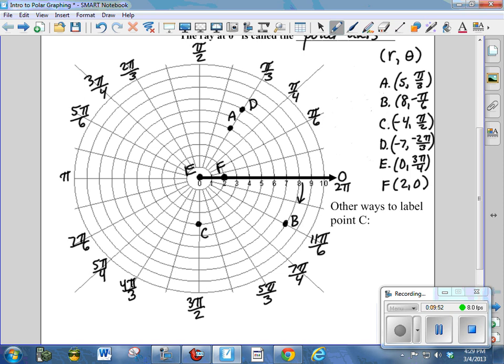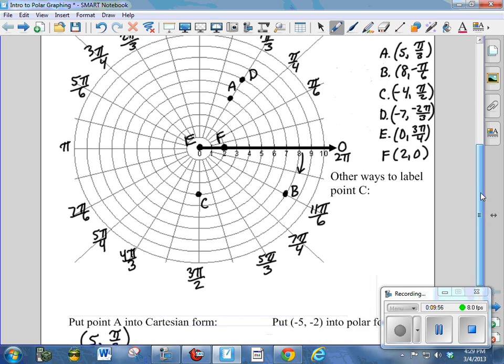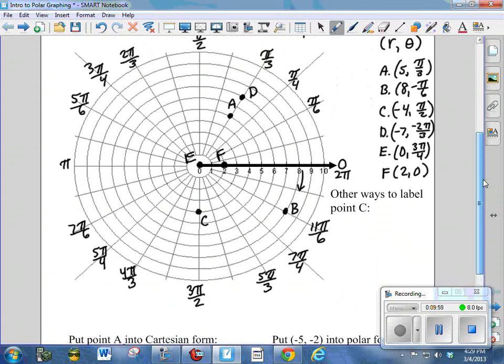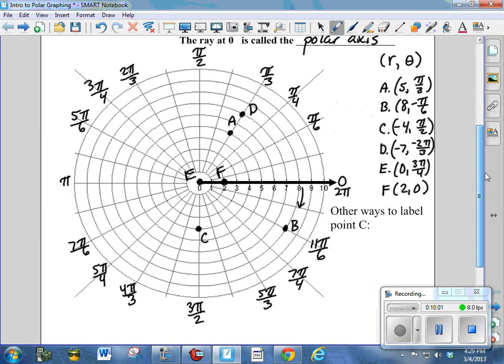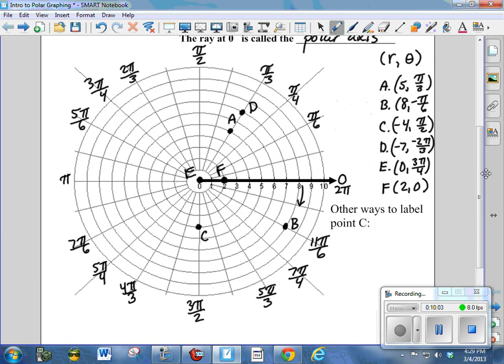And that's right there. Now I'm going to change, it says other ways to label point C, and I'm going to do point C, but I'm also going to do another point, because point C is kind of an unusual one. Point C, here's the point, negative 4, pi over 2. I could have also called it positive 4, negative pi over 2.